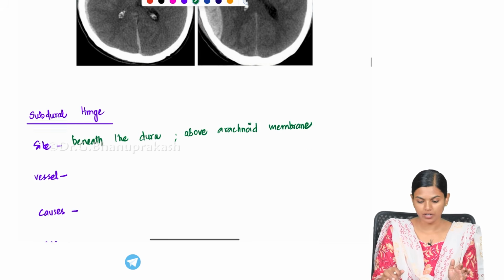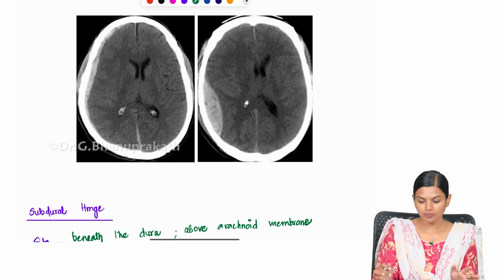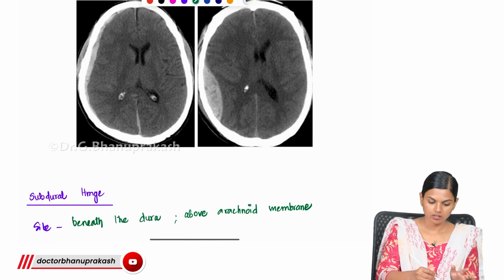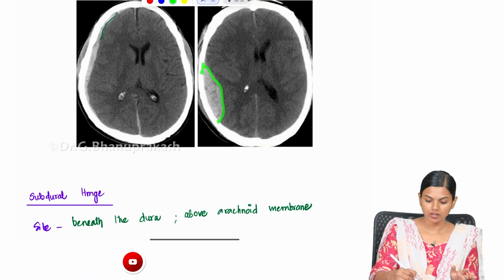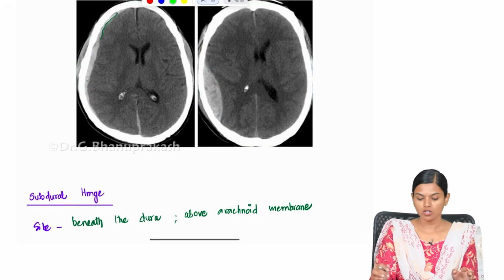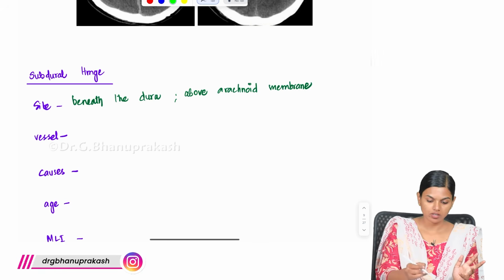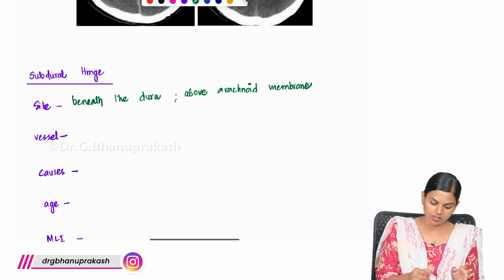This is subdural hemorrhage. So radiologically this will look like this, and this is how it will look in extradural hemorrhage. So this is how radiologically it will look, and the vessel that leads to this subdural hemorrhage is venous.